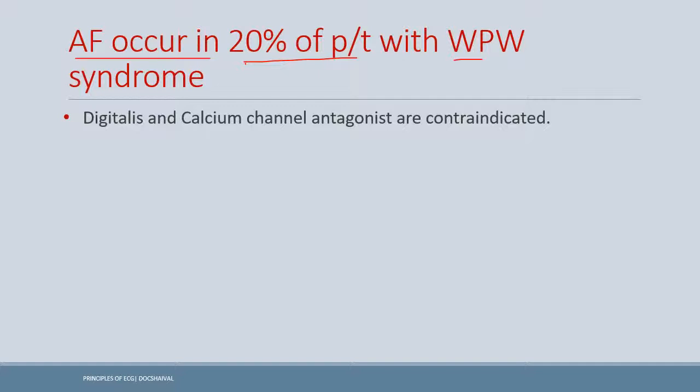Can you imagine what would happen? Yes, it would accelerate the conduction through the accessory pathway, and obviously this would potentiate the other symptoms. So digitalis and calcium channel blockers are contraindicated in atrial fibrillation with an accessory bundle problem, like in WPW or Wolff-Parkinson-White syndrome.